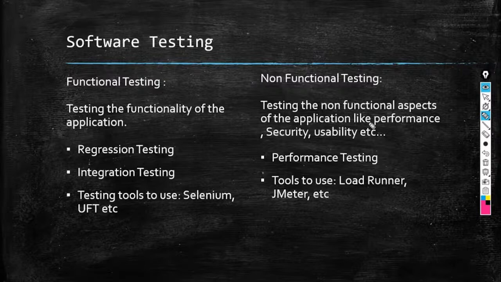If you take the same example of the lift that we discussed a few minutes ago, if I go inside the lift and press 3, it's not about whether it is going to the third floor or not. It's about how fast it is going to the third floor, or how much time it is taking to go to the third floor. That is testing the performance aspect.